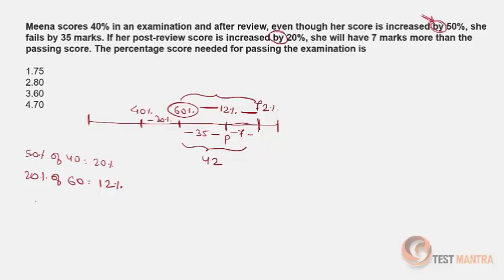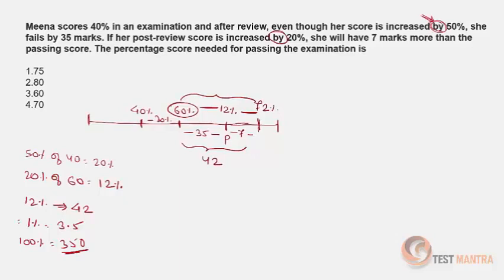The basic representation is 12% is equivalent to 42. In other words, 1% is about 3.5. Also we can say 100% is 350. That is not required here.